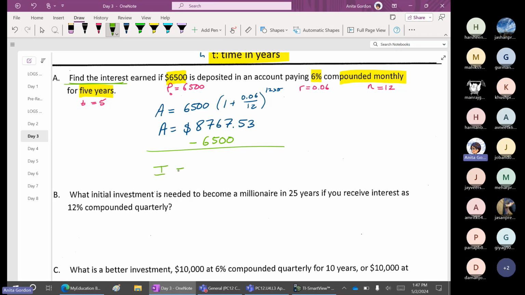And so my final interest amount is going to be 2,267.53. Okay, so this is my final minus my initial to find my interest. Your interest basically is how much did your money grow in that time.